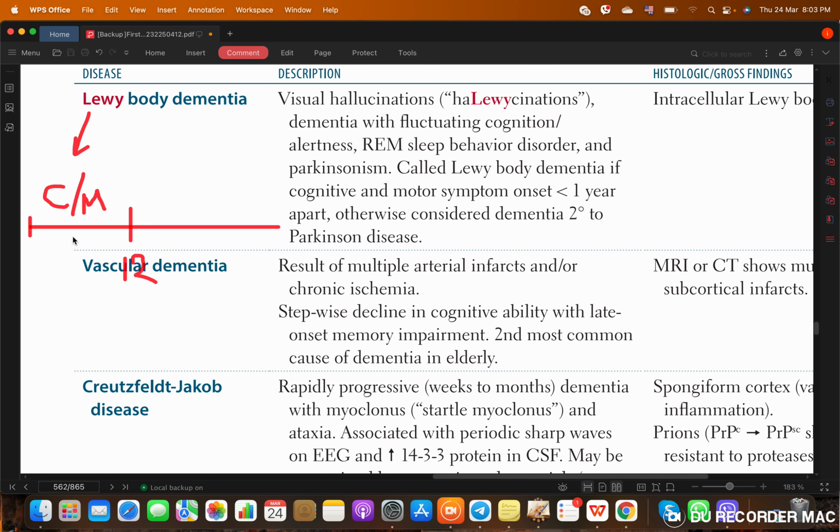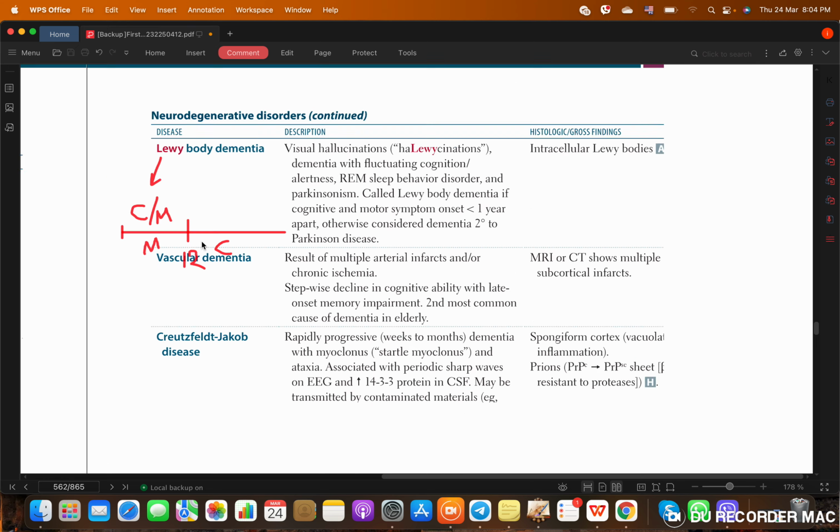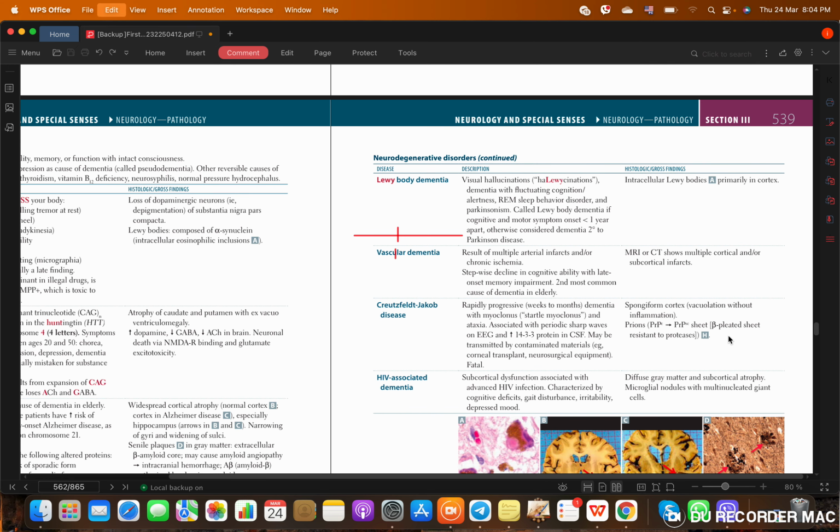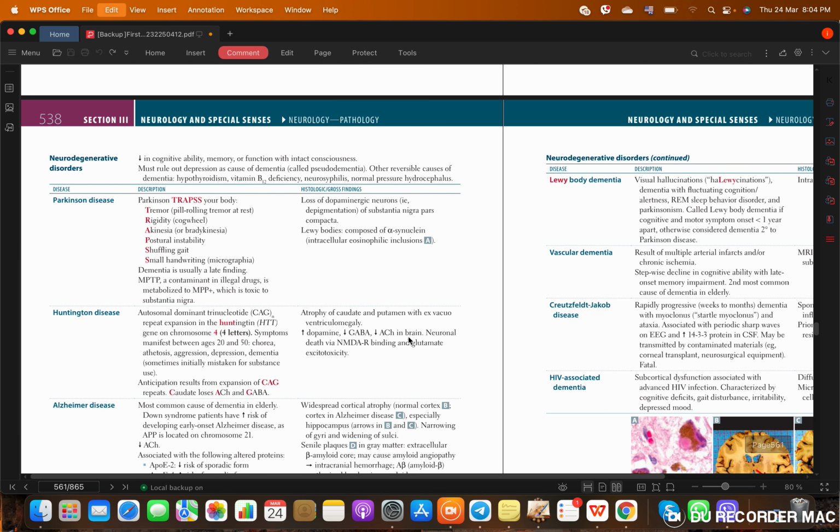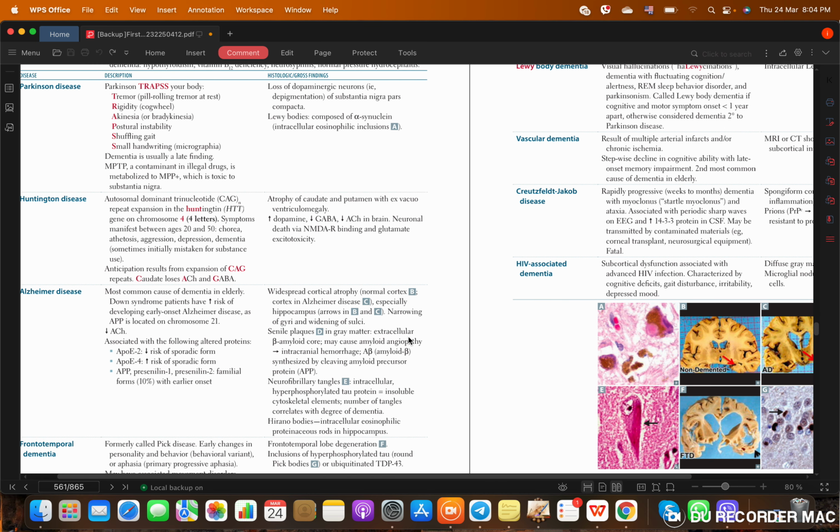If you have the motor disorder, which is the Parkinsonism, and then you develop the cognitive disorder 12 months later, this is just Parkinson's disease complicated by dementia. Okay? That's the way to differentiate between Lewy body dementia and Parkinson's disease. In Lewy body dementia, the Lewy bodies are in the cortex, while in Parkinson's disease, they are in the substantia nigra pars compacta.